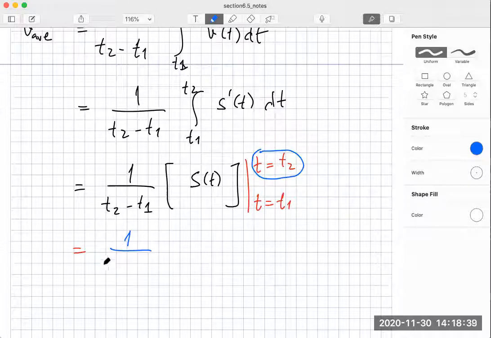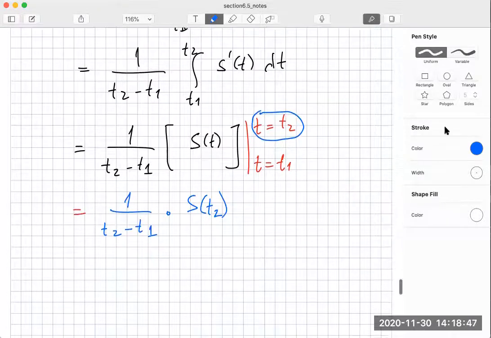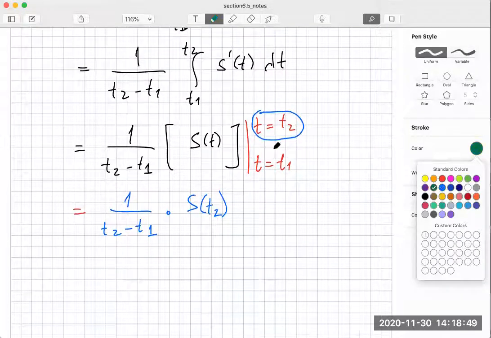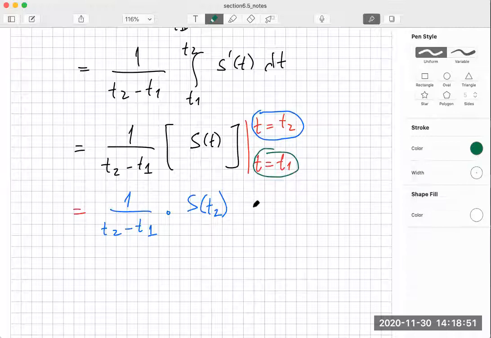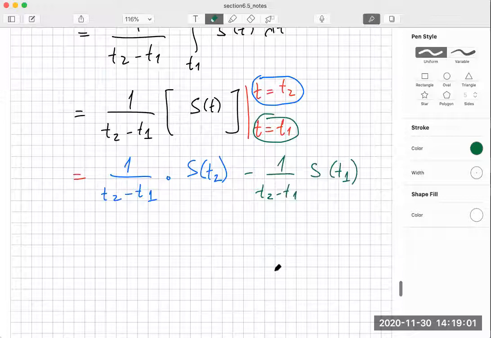Which is 1 over t2 minus t1 times s of t2. Okay? Subtract the evaluation of s at the lower limit of t1. Okay?